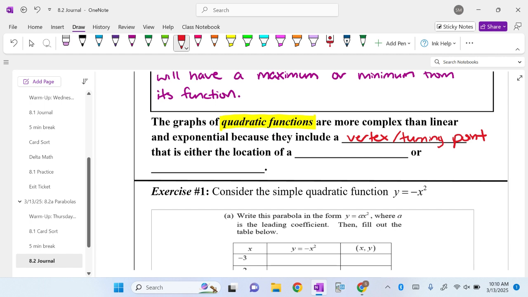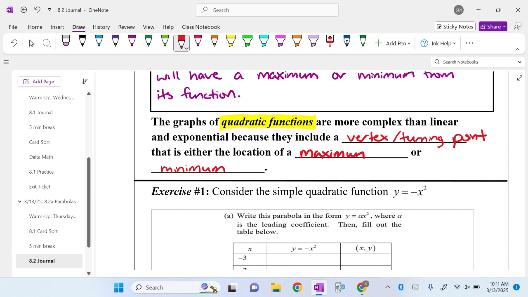They increase at one point and then they decrease at another point. And their vertex is where they turn. So that's why they're a bit more complex than linear and exponential, because they have more to them. So that vertex and turning point, we already know, gives us either our maximum or our minimum y value.